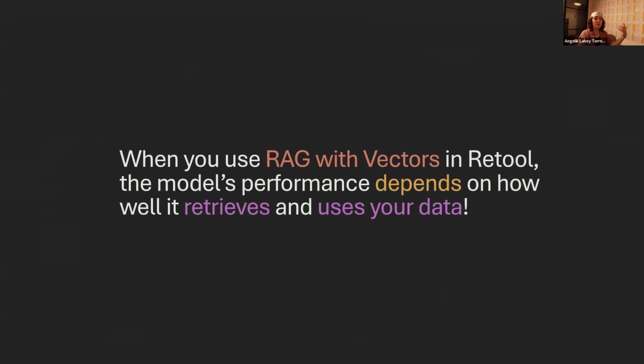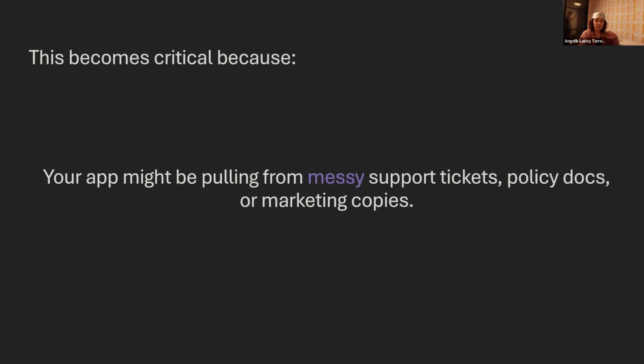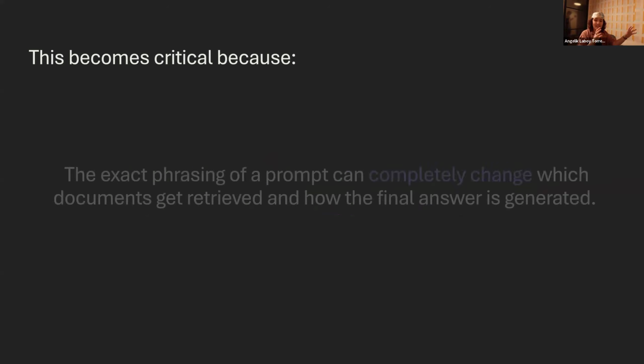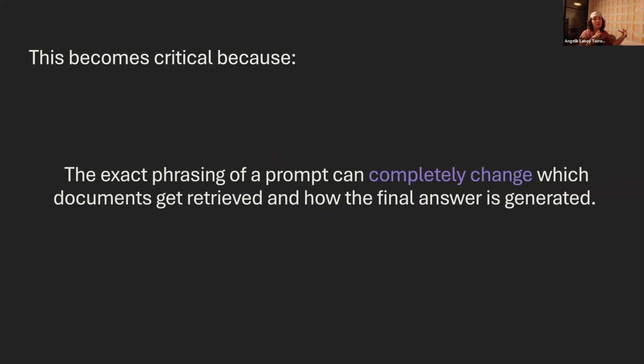When you use RAG with vectors in Retool, the model's performance depends on how well it retrieves and uses your data. This becomes critical because your app might be pulling from support tickets, policy documents, or marketing copy that might be all over the place. The exact phrasing or prompts can also completely change which documents are retrieved and how the final answer is generated.